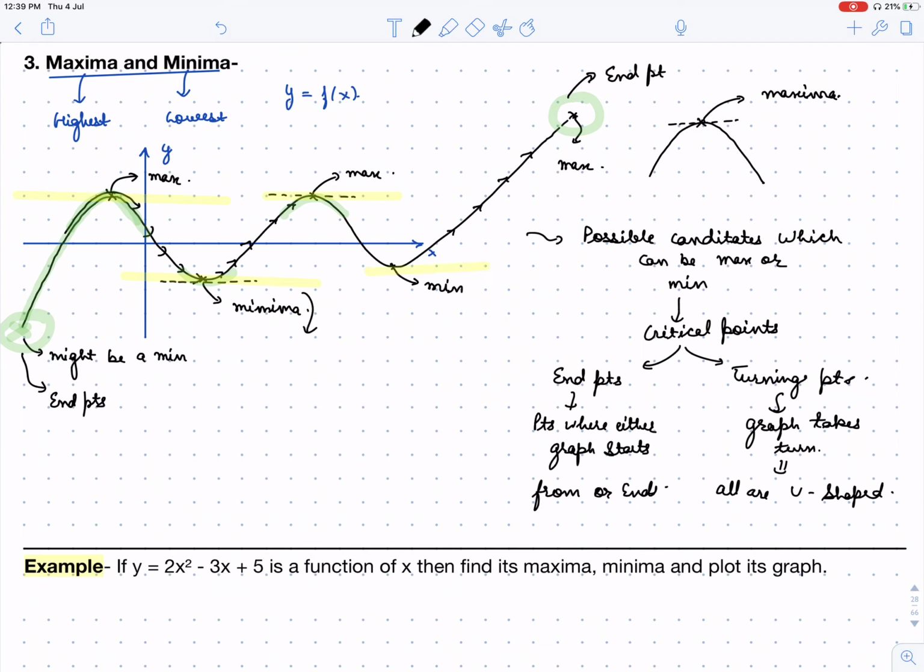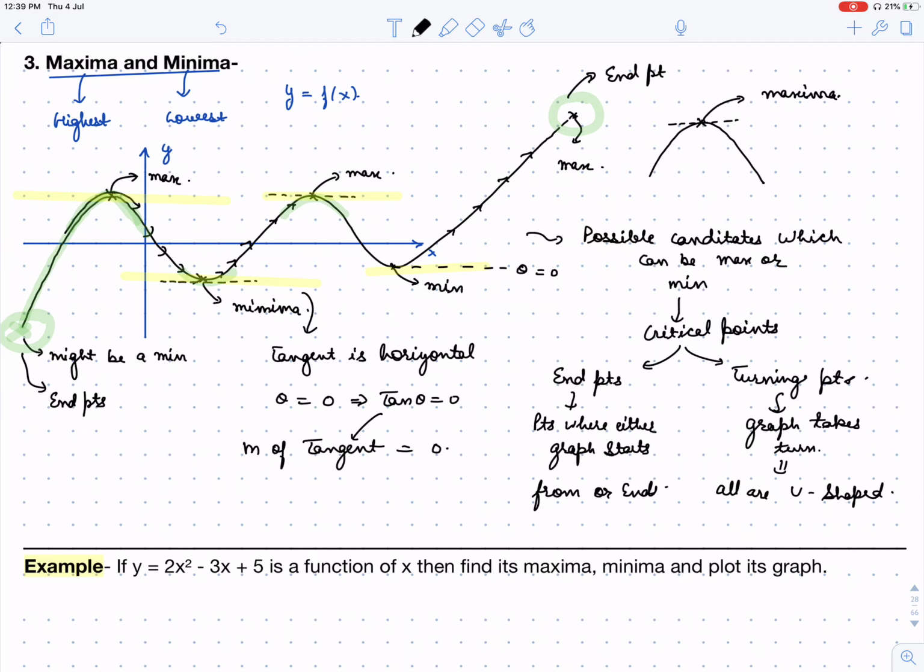So at all these turning points, the tangent is horizontal. If the tangent over here is horizontal, then theta must be equal to 0, where theta is the angle of the tangent with the x-axis. If theta must be 0, then tan theta must be equal to 0. And tan theta is slope. So the slope of the tangent at these points must be 0.